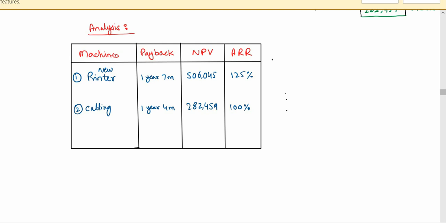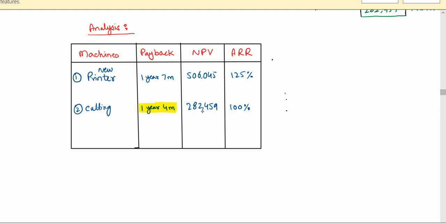As per my point of view, when we compare payback period, which payback period is higher, new printer or cutting? Sorry, lower one. For cutting one, it's the winner. For payback period, cutting is better.